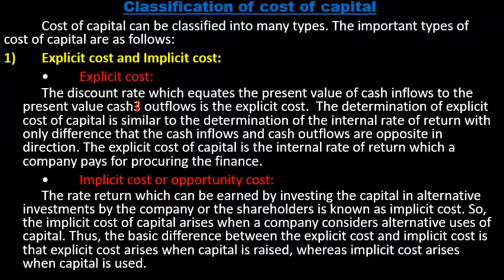The first one is explicit cost and implicit cost. Let me explain the explicit cost. The discount rate which equates the present value of cash inflows to the present value of cash outflows is called the explicit cost. It may be difficult to understand because you are not aware of the practical concept. If you have knowledge about present value, then it is easy to understand.